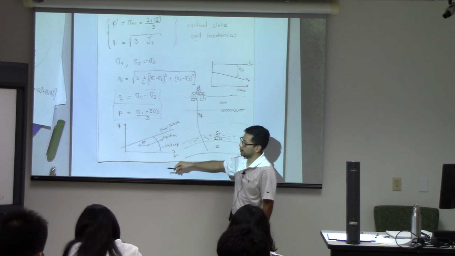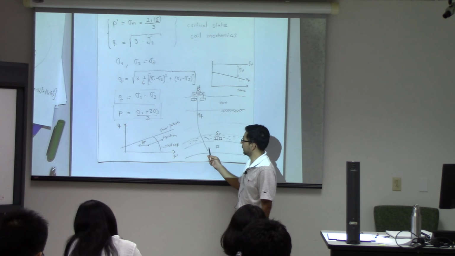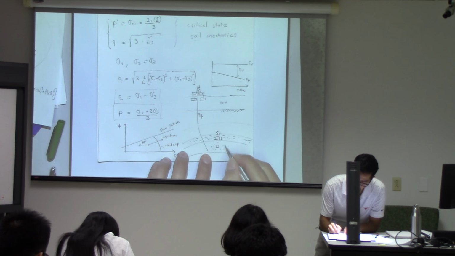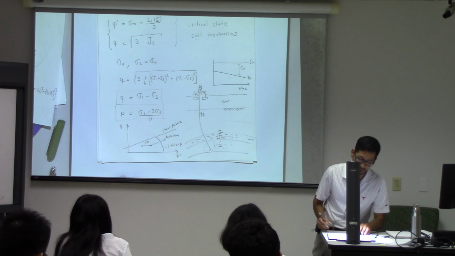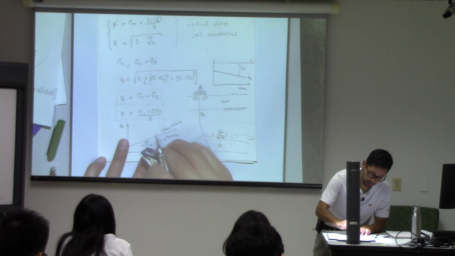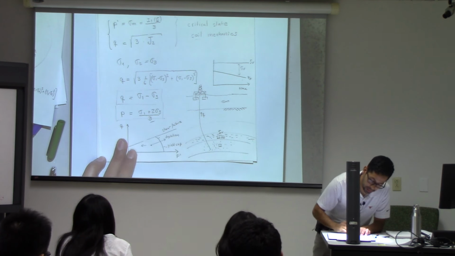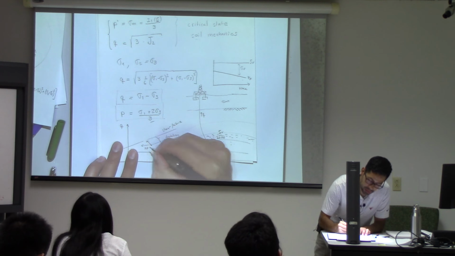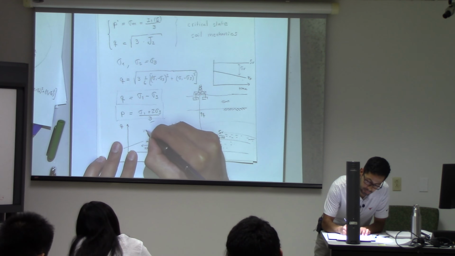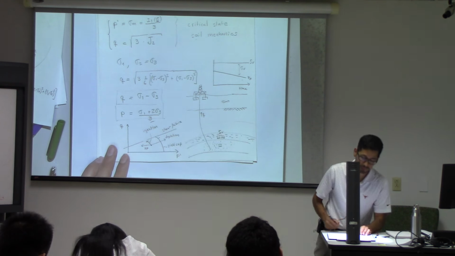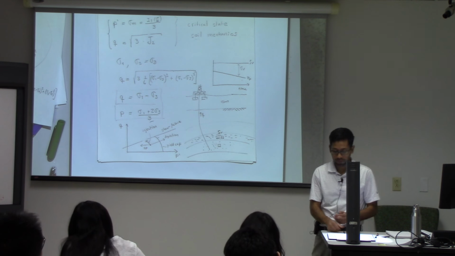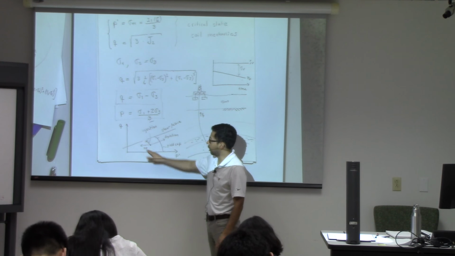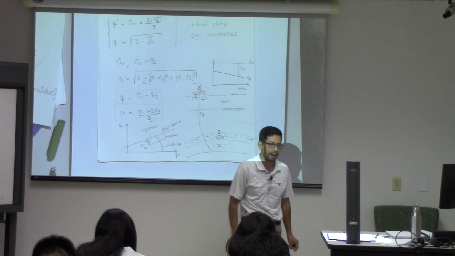Or if you are injecting, for example, here because you want to store CO2, as the Norwegians are doing, this stress path is going to go like that. So depending on the actions, it's going to be very useful to plot the stress with these invariants.